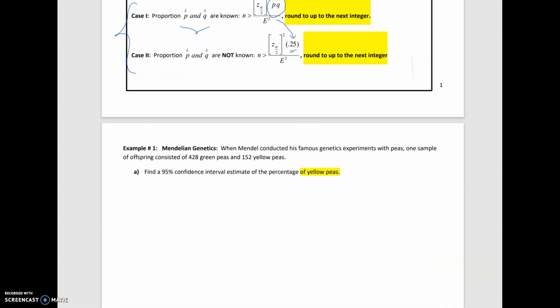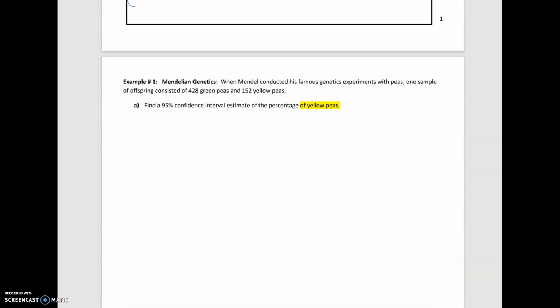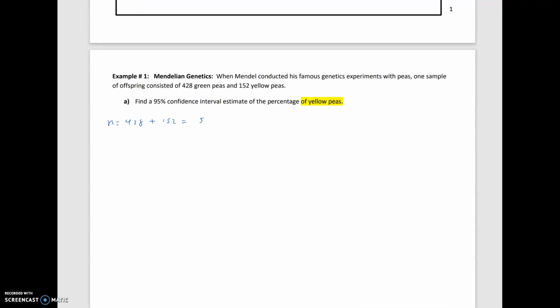And for this specific problem, we're going to define n as the total of the pieces. So the 428 plus the 152, which happens to be 580, but let me check it. So we're looking at a total of 580.